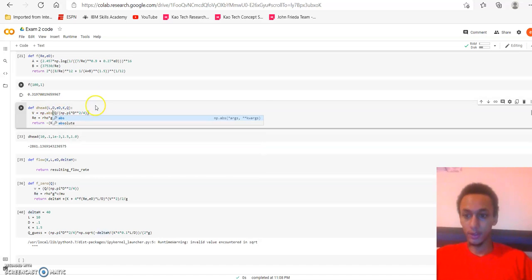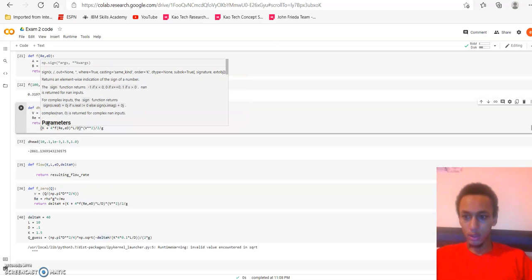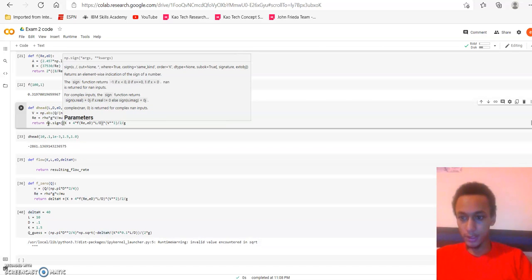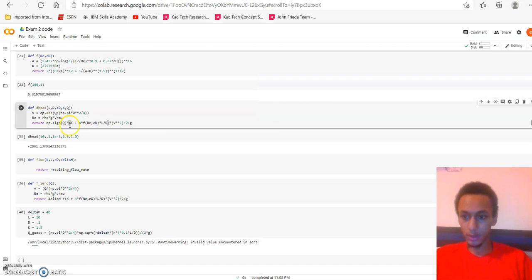So np.abs, and this helps since I already have the parentheses there. And now instead of that, np.sign. So np.sign of Q times... But is it a negative sign or just a regular sign?